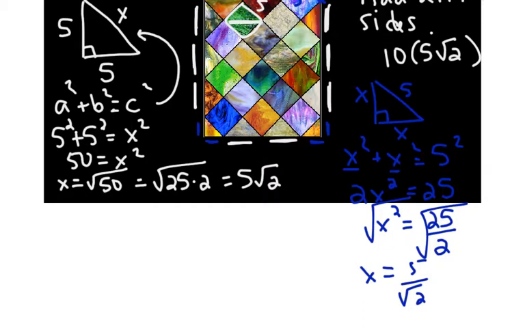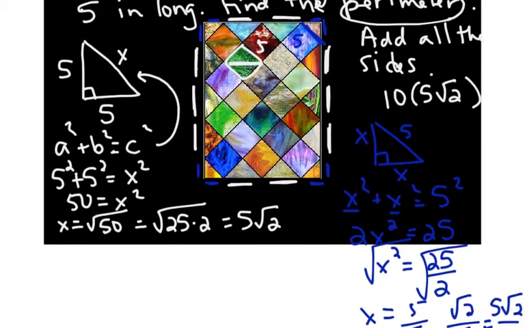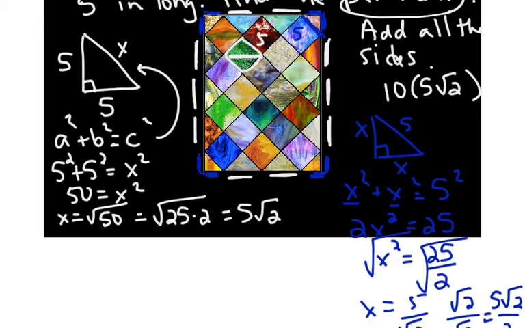All right, we don't like radicals in the denominator of fractions, and we've already learned how to get rid of this. And this becomes 5 the square root of 2 over the square root of 4, which is 2. Now the next thing is, how many of those little pieces are there? Well, let's go back up here. There was 1, 2, 3, 4, 5, 6, 7, 8.